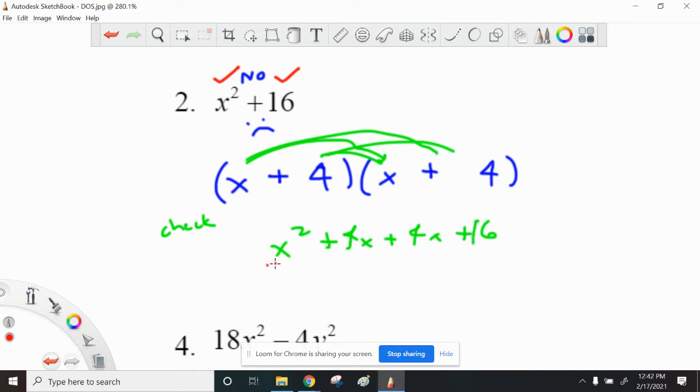So, happy with the x squared, happy with the 16, but then we get this part. And we need this part to get rid of itself. We need this part to cancel out. But we have plus 4, and that makes 8. And that's bad. Okay, we don't have 8x up here, right? So this is not going to work, right?